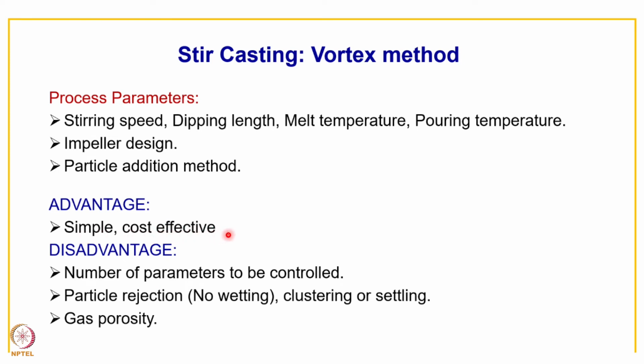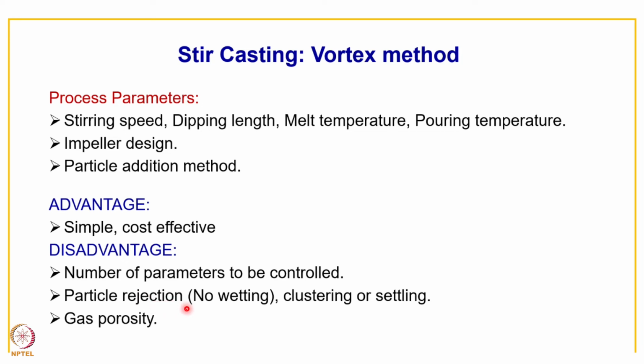In fact, this is one of the most economical methods of making metal matrix composites on a large industrial scale. But the disadvantages are that a number of parameters have to be controlled, as I said before, and if the particles are not added properly or if the process parameters are not controlled properly, then chances are that these particles will be rejected.